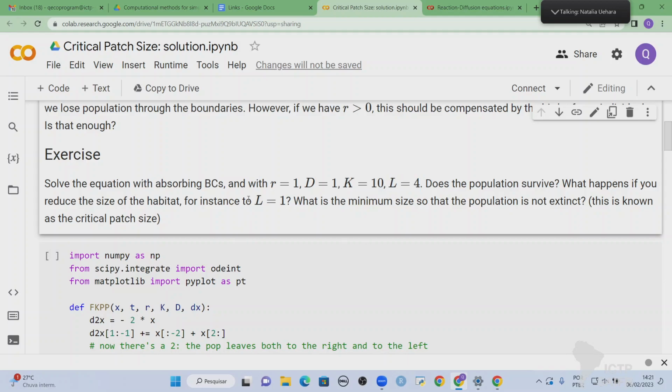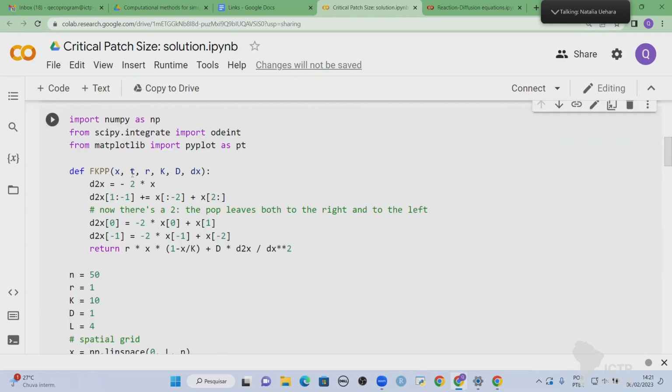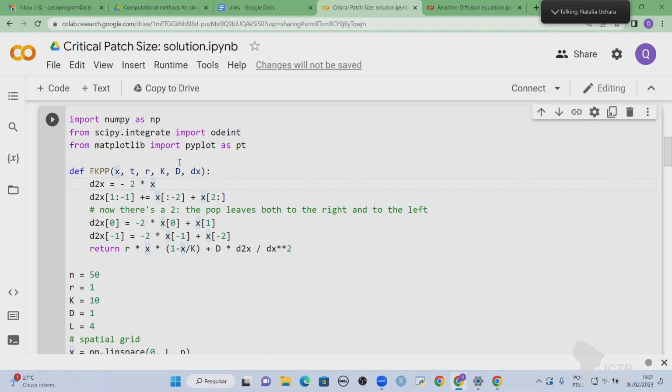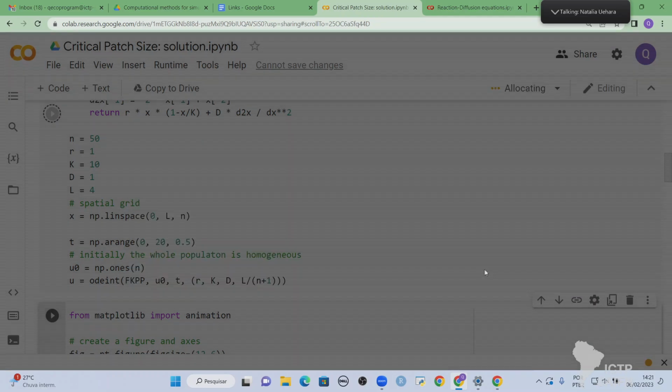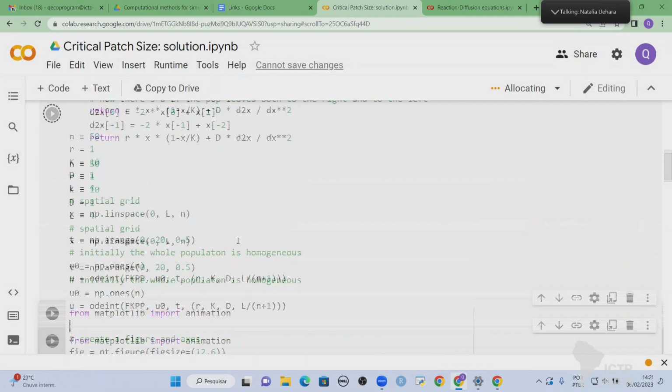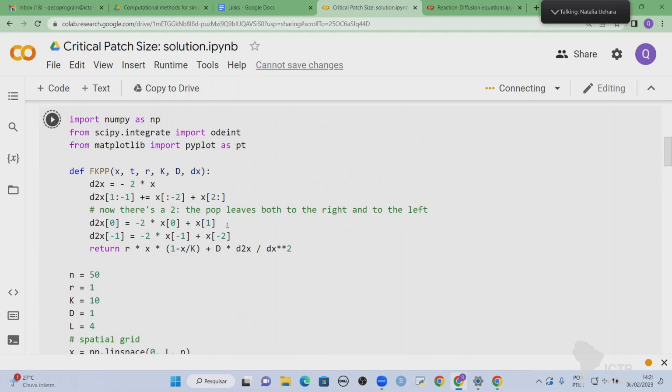And then I ask you to try also with L equals 1. So let's do the same thing that we did in the last class, or almost. This is L equals 4 here, and then we look at the animation of this after it runs.